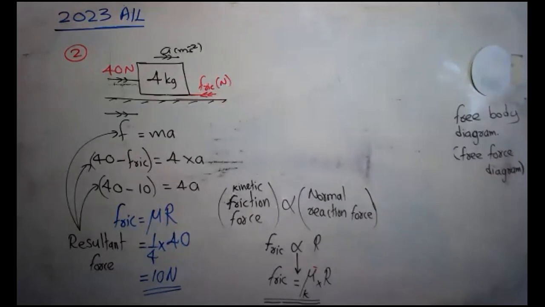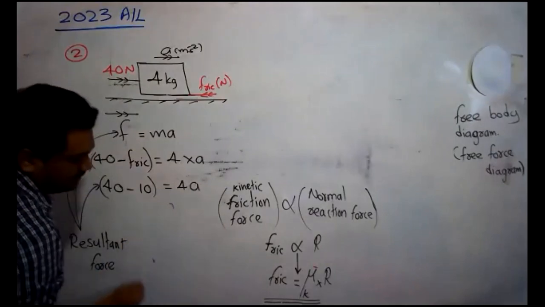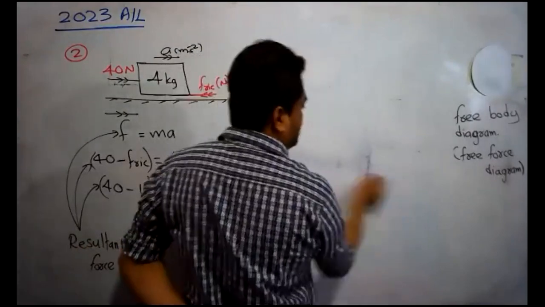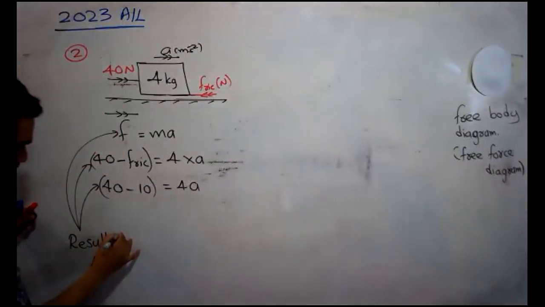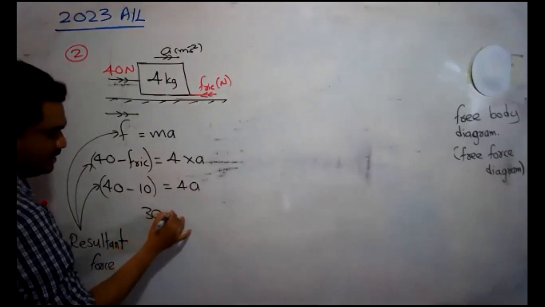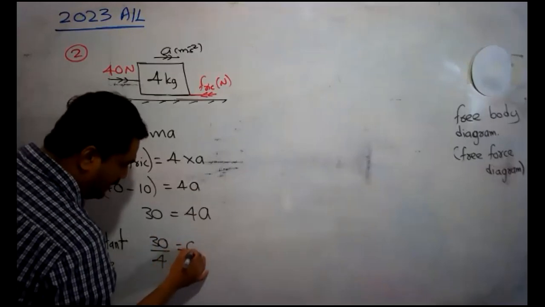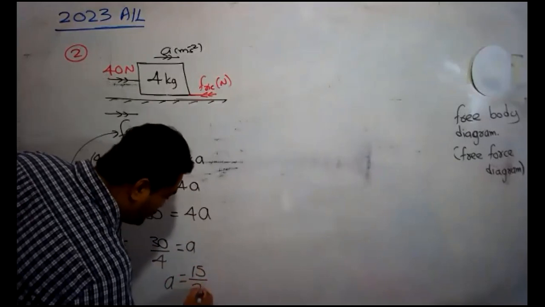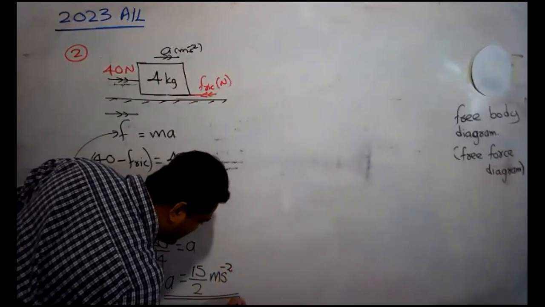Let's see. I'll erase this side and I'll try to find the acceleration. 40 minus 10, which is 30, equals 4 times A. Take 4 to this side. 30 divided by 4 equals A. So A equals 30 divided by 2, that is 15, over 4 divided by 2, that is 2. 15 divided by 2 meters per second squared.